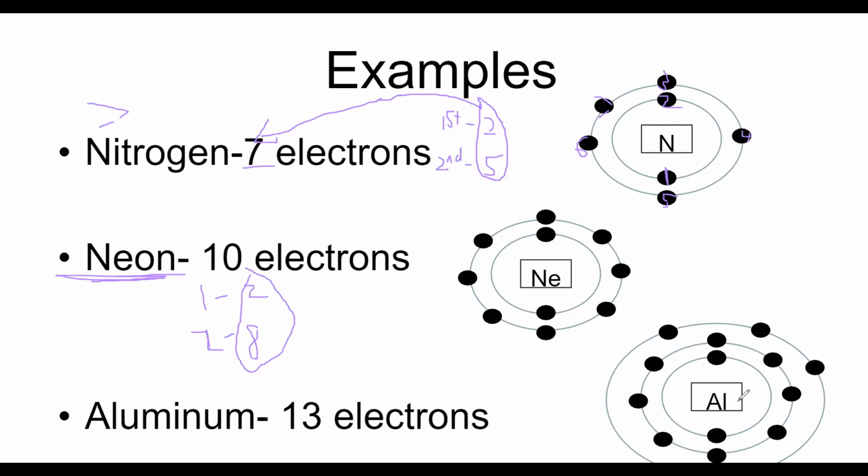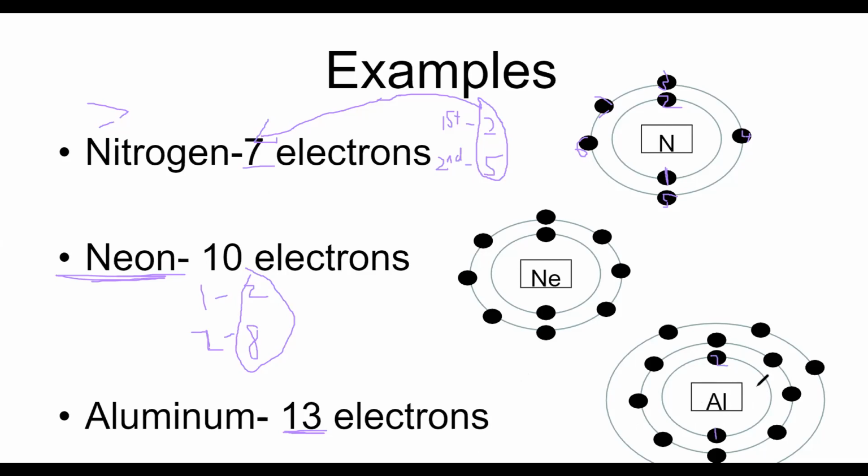But let's look at aluminum over here. Aluminum has 13 total electrons. He's atomic number 13. And so he's got more than neon, which to me suggests that we're going to have to start using our third shell for aluminum. So to figure out exactly how much, let's start counting. 13 electrons in aluminum. Start on the first shell, 1 and 2.